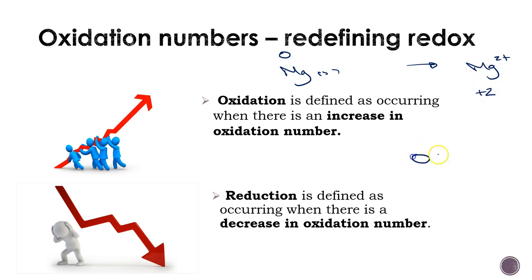So we can see that going from 0 to +2, the oxidation number has increased. And by definition, that means oxidation has occurred. If the oxidation number decreases, then reduction has occurred.